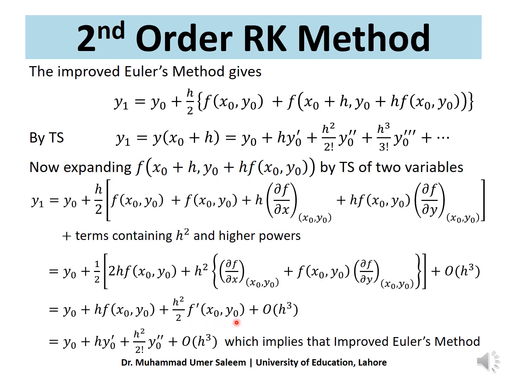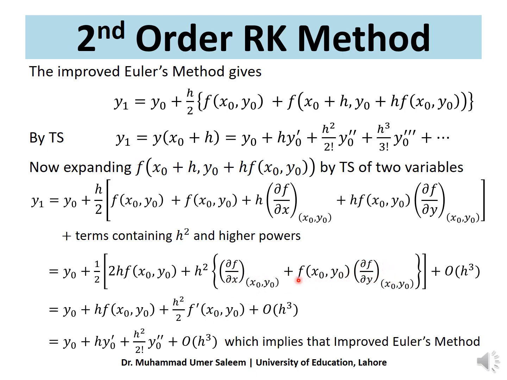If you recall the knowledge you have from calculus, the theory of functions of several variables, for a function of two variables f dash x naught is partial f by partial x into partial x by partial x, which is 1, plus partial f by partial y into dy over dx.